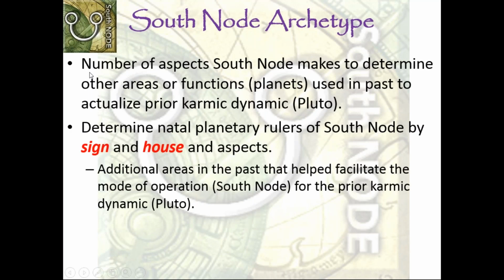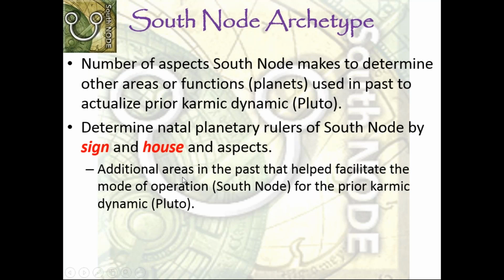And the soul can operate through the ego, south node, north node. We also would want to look at the number of aspects that the south node makes to other planets to determine those other areas that were used in the past to actualize that prior karmic dynamic, Pluto. And then we take it one step further when we actually look at the South Node archetype, and we look at the natal planetary rulers of the South Node by both sign and house, and the aspects that those planetary rulers make as well.